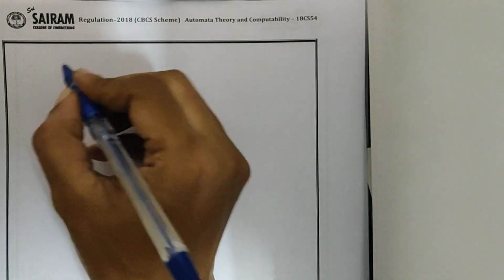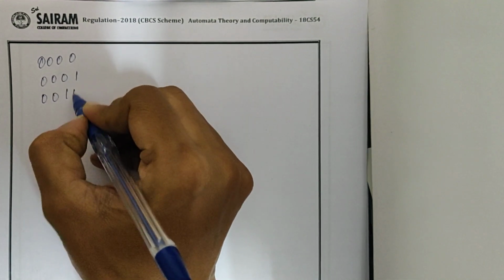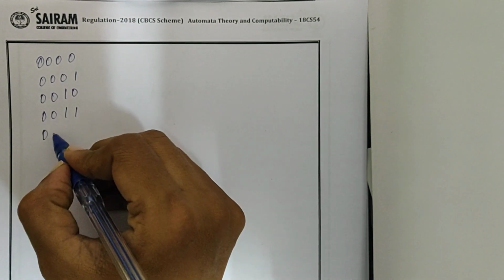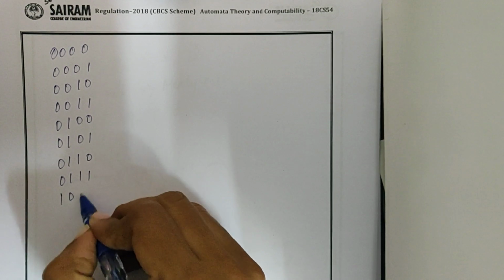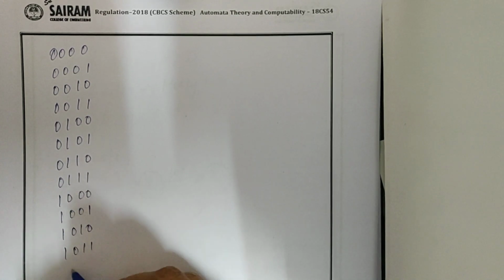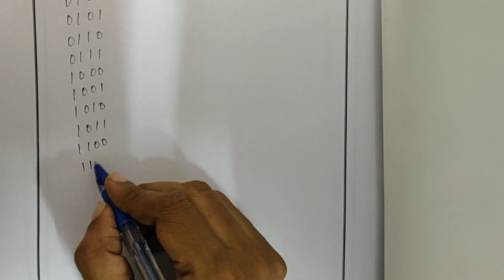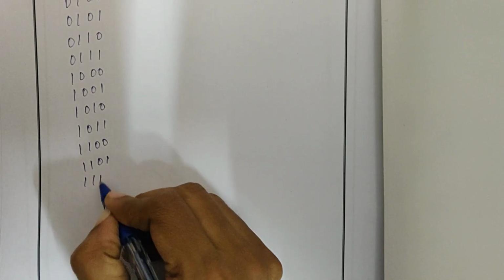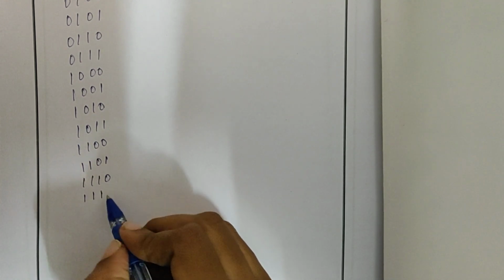So I'll write all the possible combinations of 4 digits. 0 0 0 0, 0 0 0 1, 0 0 1 0, 0 0 1 1, 0 1 0 0, 4, 5, 6, 7, 8, 9, 10, 11, 12, 13, 14, 15.